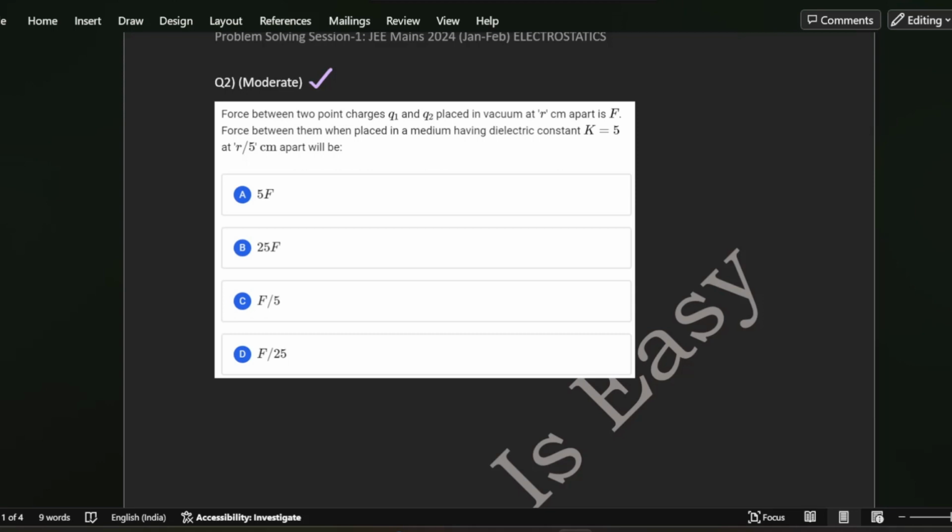And we have been asked to find the force between the same two charges when they are placed in a medium with a dielectric constant. Just remember one thing: the dielectric constant is sometimes used in place of epsilon r. I am sure you know what this is. This is relative permittivity.